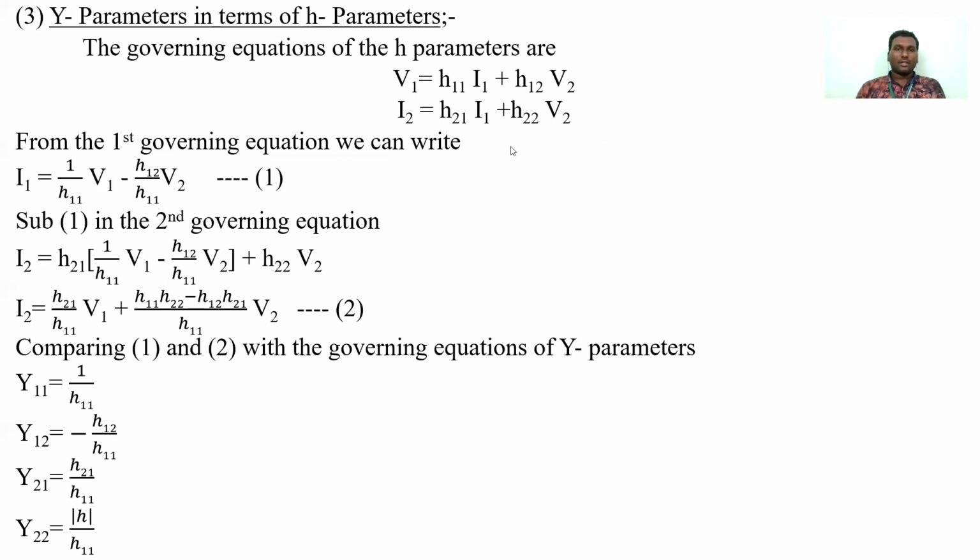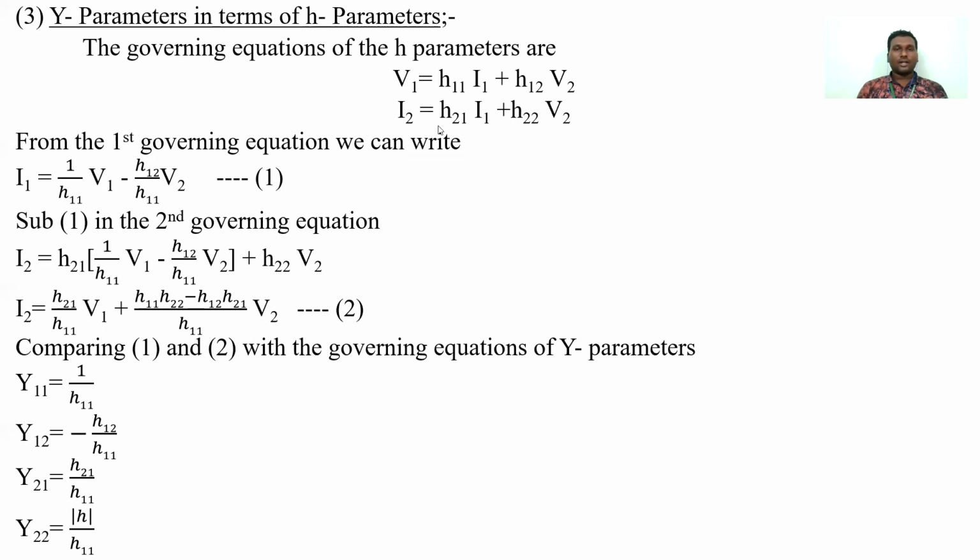The Y parameter equations are all the current equations. So you have to bring these equations such that they can be compared. Now these equations cannot be compared because they are not similar to the Y parameter equations. So if you observe these two equations, they are similar to the Y parameter equations. So that is why you'll do all this.